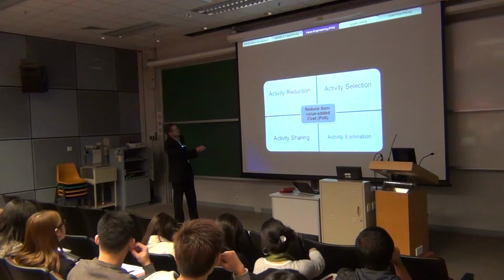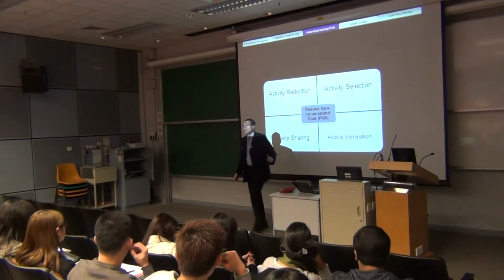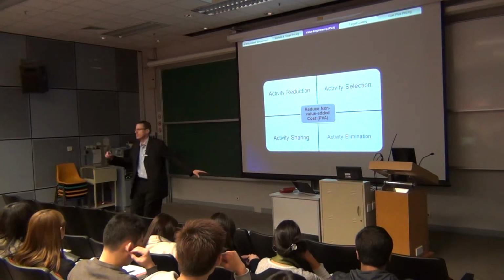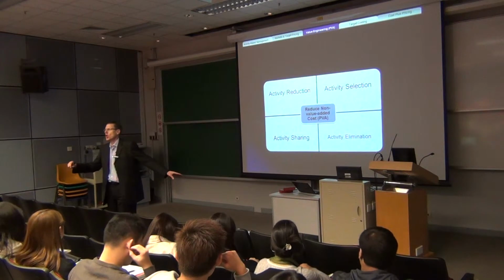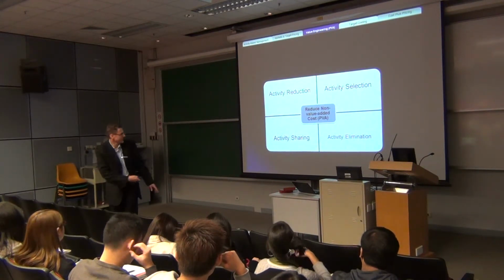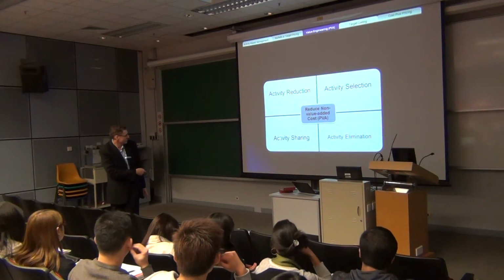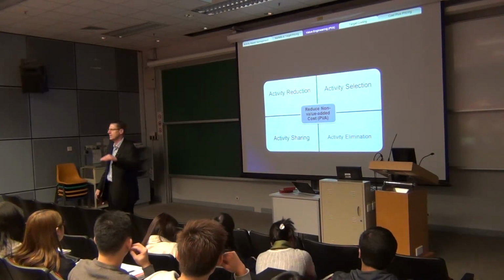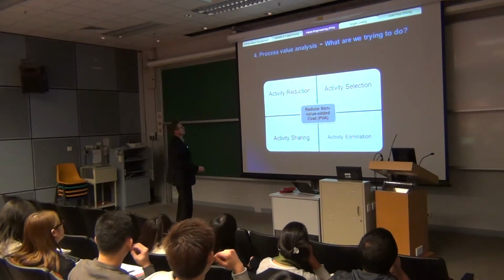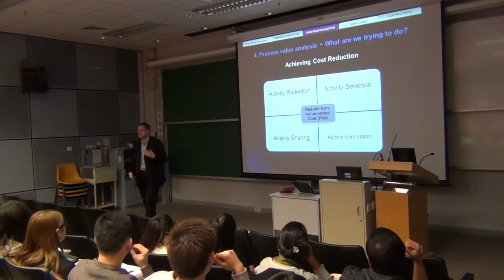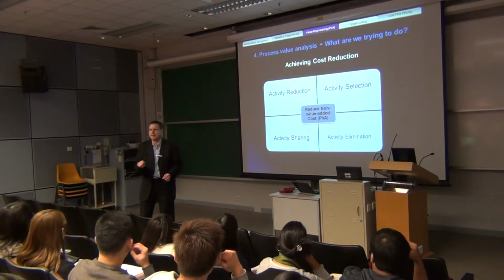Here's what we were trying to do. Activity reduction, selection, activity sharing, elimination. What do most of the Chinese suppliers do and what are 14% doing in responding to cost pressure? They are automating. When you automate, you are eliminating activities or reducing or activity sharing. You're definitely reducing your labour costs. And you're basically standardising the process because robots do the same thing again.